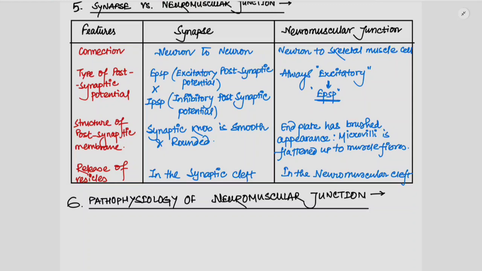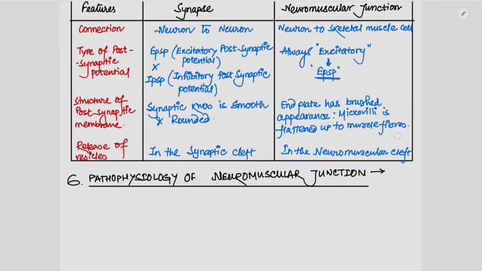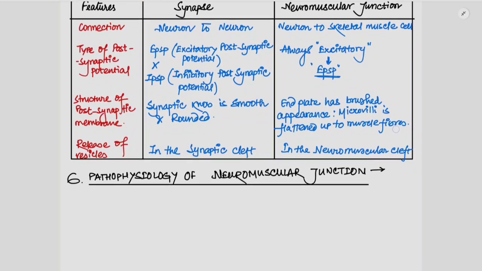Now let's move to the pathophysiology of the neuromuscular junction. In this pathophysiology, there are two important diseases we are talking about.